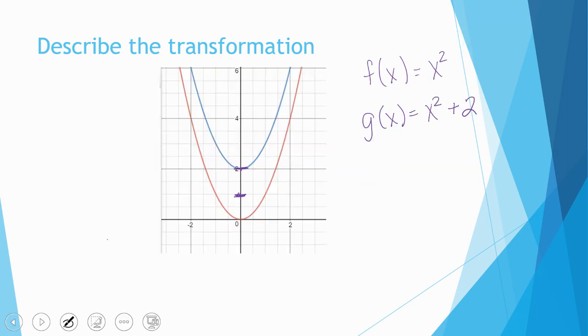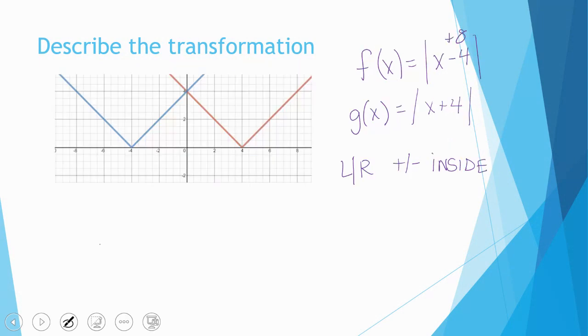Let me go back to up and down. Moving it up or down is always adding or subtracting outside, either the brackets or the parentheses or the square root or whatever. So we have 2 different ways we can move it. We can move it up and down, which is adding outside. We can move it left and right, which is adding or subtracting inside.